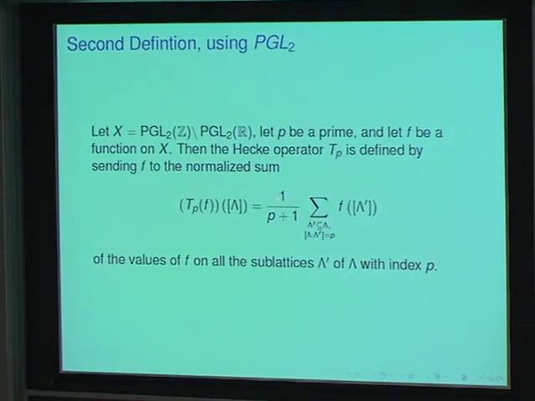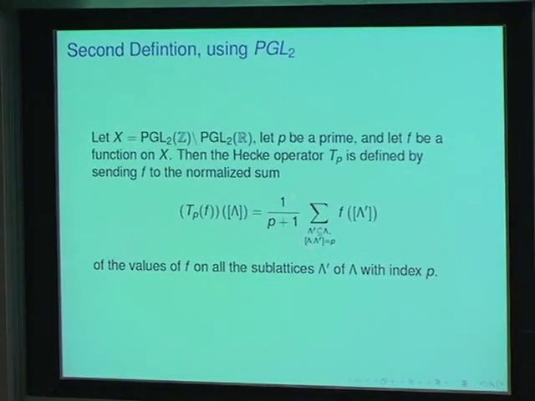And that defines a new function evaluated at the point equal to the equivalence class of lambda, right? The lambda goes here and is then used on the right-hand side to explain at which points we want to evaluate the function f. And then we take an average over p plus 1 points, and this is a definition.